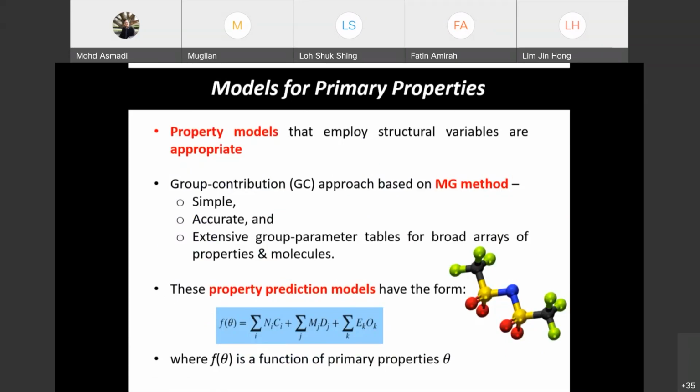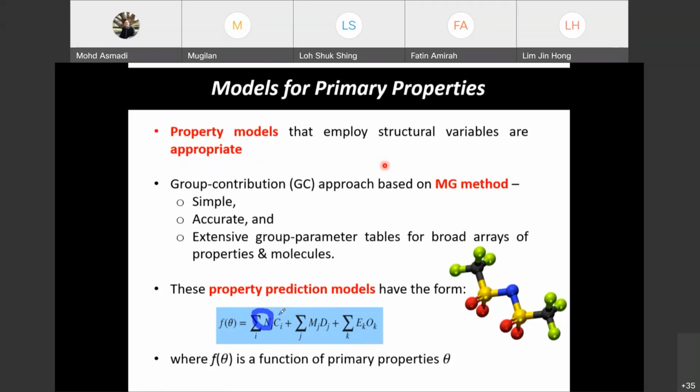For information like the group contributions, if you look at page 87, we have to refer to the Marrero-Gani paper. Based on this equation, N is the occurrence, the number of groups, for the first order group.